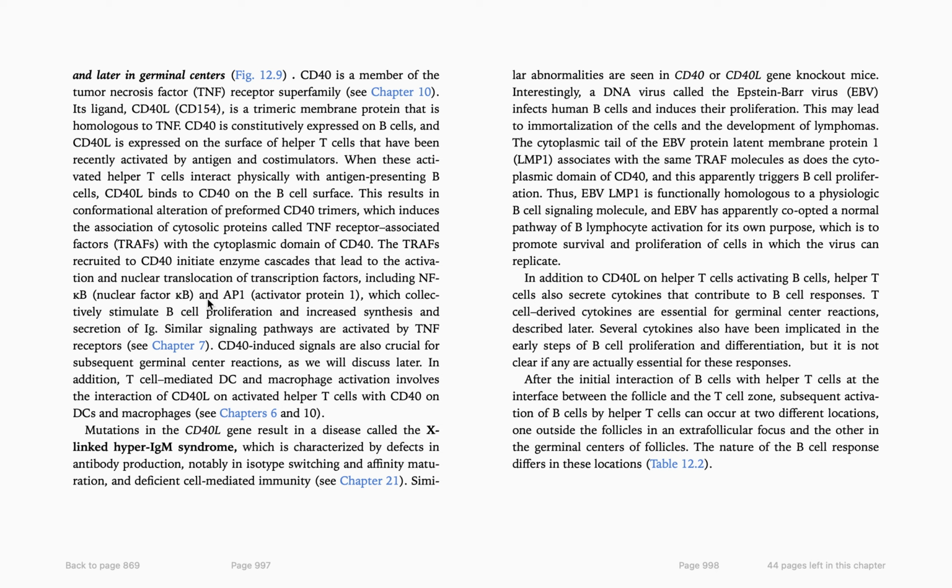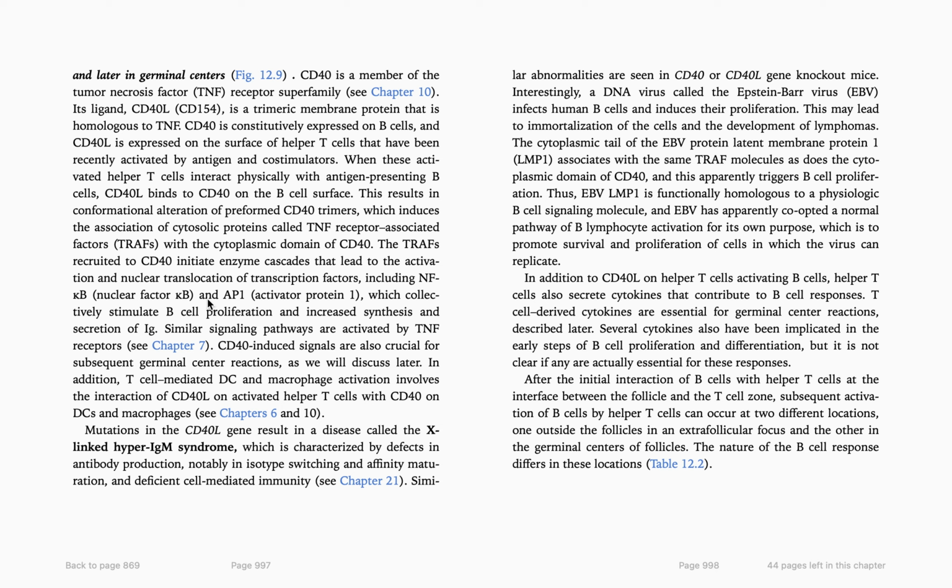In addition to CD40 ligand on helper T cells activating B cells, helper T cells also secrete cytokines that contribute to the B cell response. T cell derived cytokines are essential for germinal center reactions described later. Several cytokines have been implicated in the early steps of B cell proliferation and differentiation, and it is not clear if any are actually essential for this response.